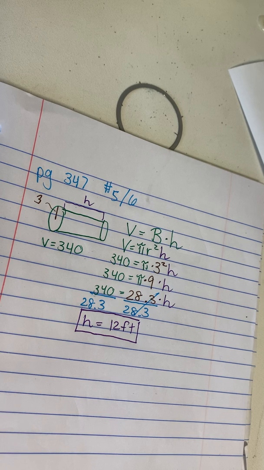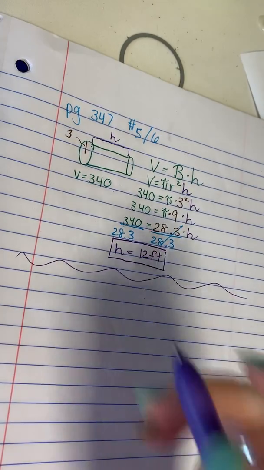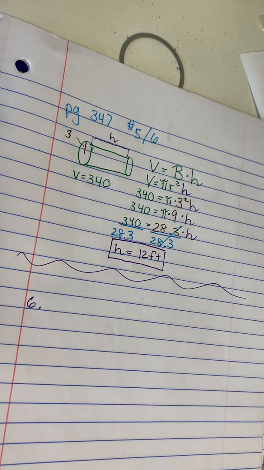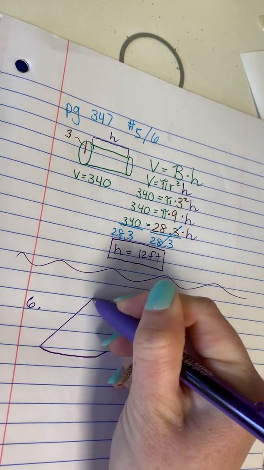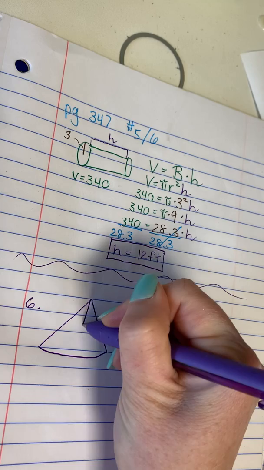Okay, next thing I'm going to look at is number 6. For number 6, we are given a cone this time. So again, this is page 347, number 6. And I feel like I might have done this one in the live chat, but so our height they gave us.